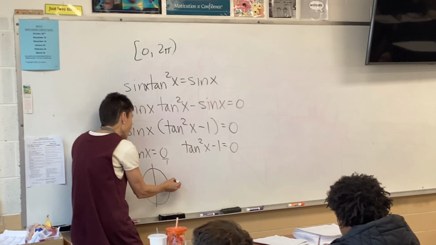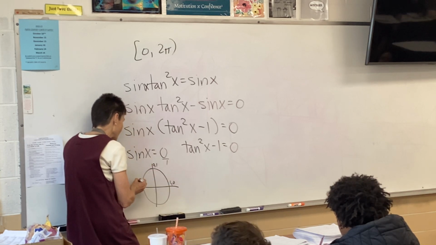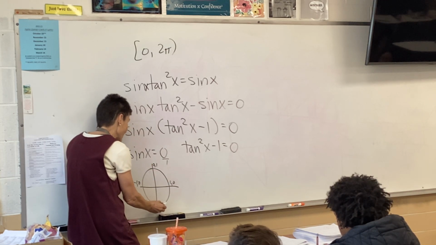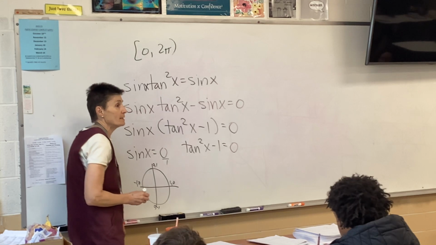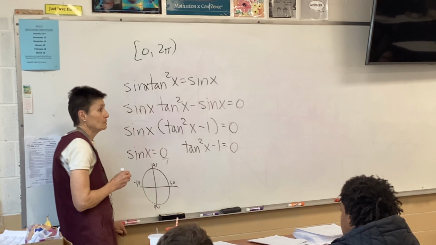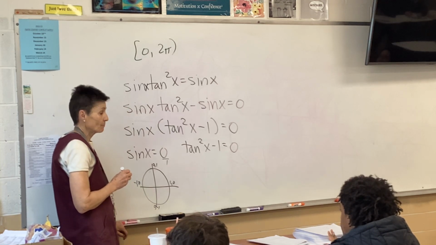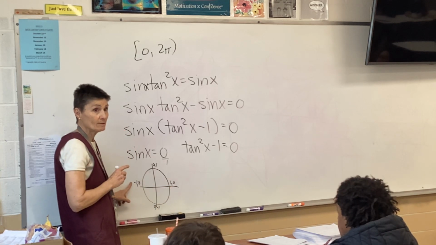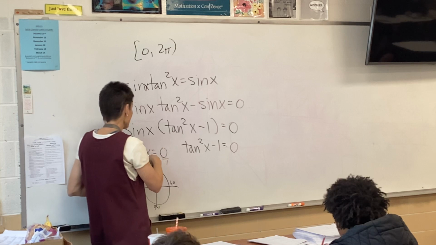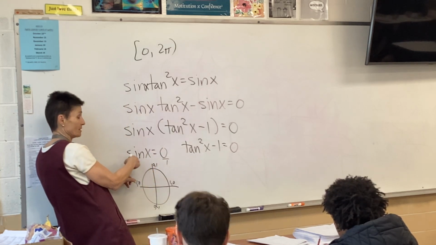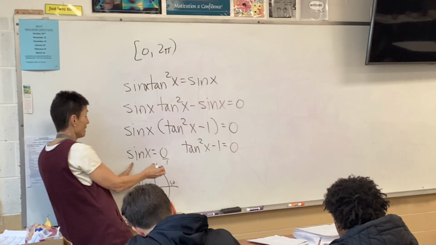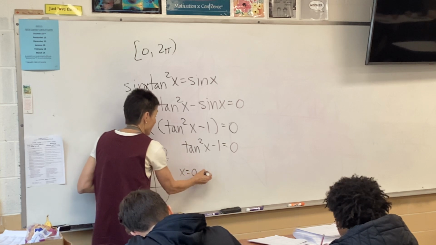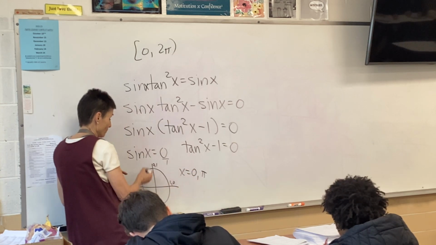And somewhere around the circle, the sine value is 0. Where does that happen? Right here, and right here. So the answers to the first part of the problem are x equals 0 and pi.